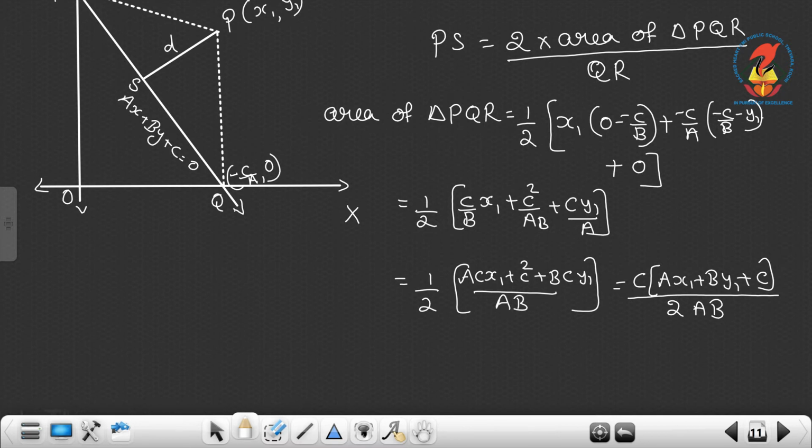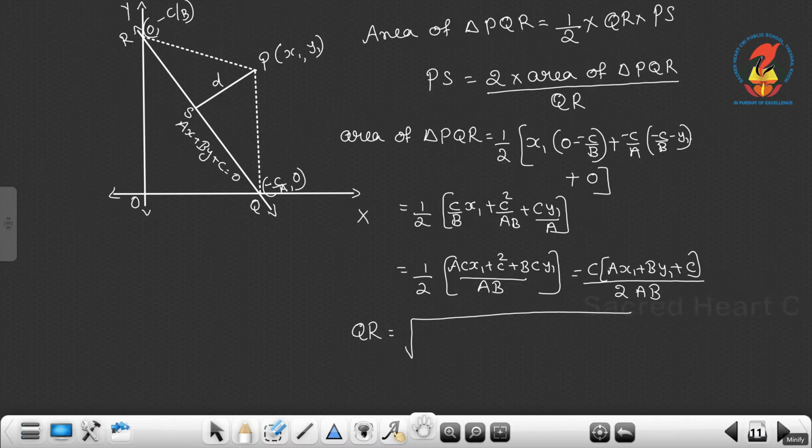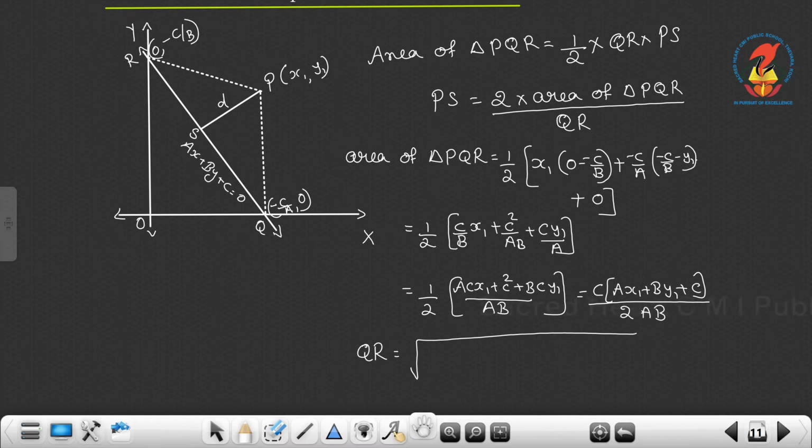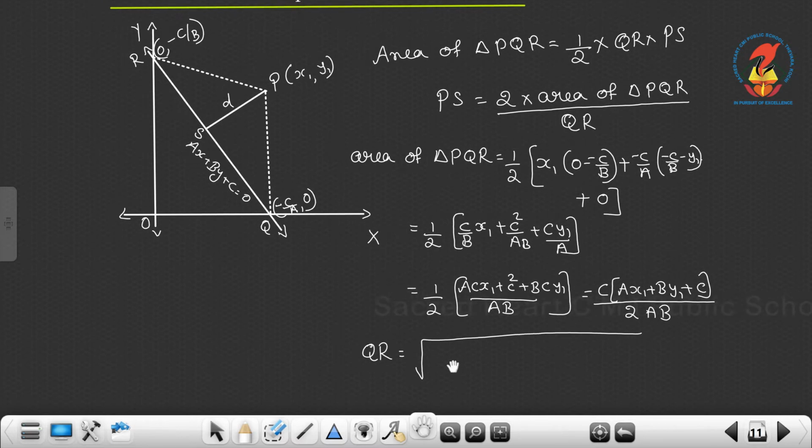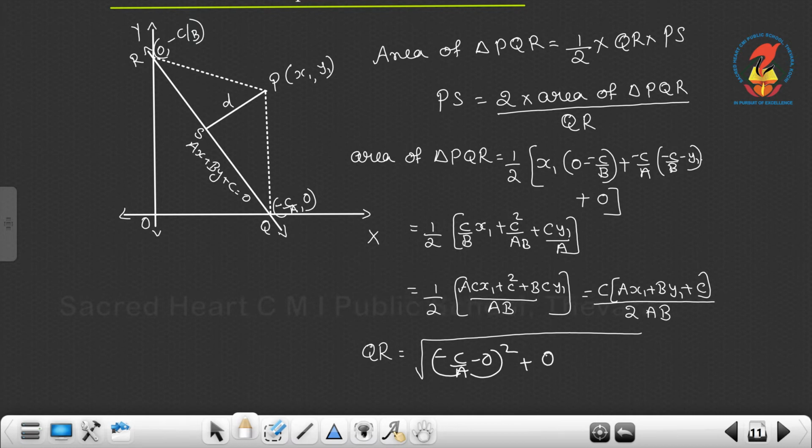Now QR is there. What is QR? The distance between Q and R. So it is the square root of the distance formula: (minus c by a minus 0) whole square plus (0 minus minus c by b) whole square. That's equal to root of c square by a square plus c square by b square.